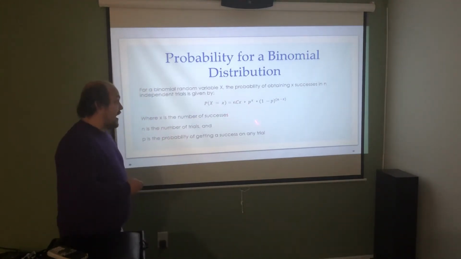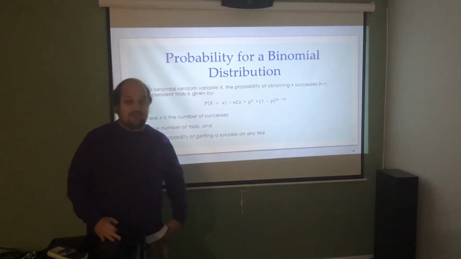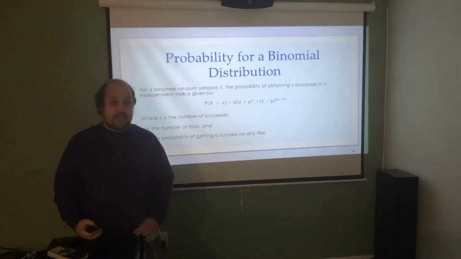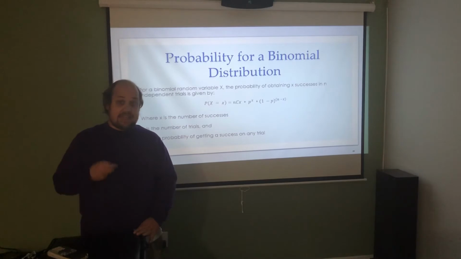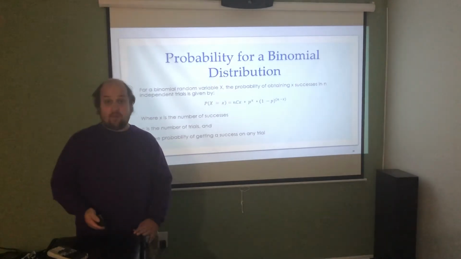I multiply that by the probability of success to the number of successes I want. Then I multiply that by the probability of failure to the number of failures that I want. So that is the full formula that we're using explained. It should feel a little complicated. The best way to get used to understanding it is to apply it and to use the formula.